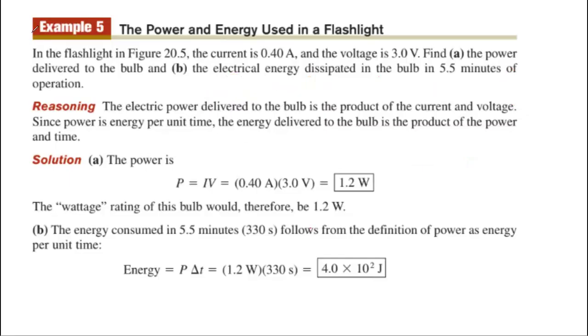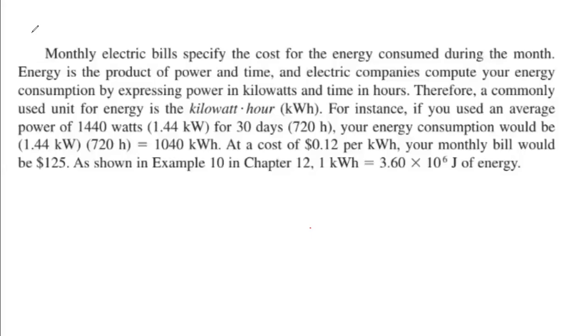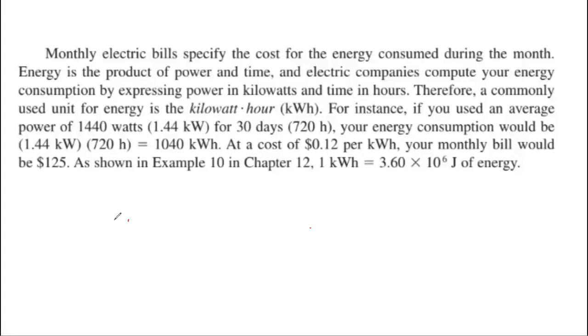So moving on to the next thing, if you talk about the monthly bill that you pay at your house, they specify the cost for the energy consumed during that month, right? So energy, because you just saw, is the multiplication of power and time.